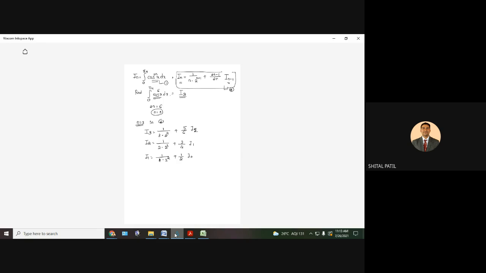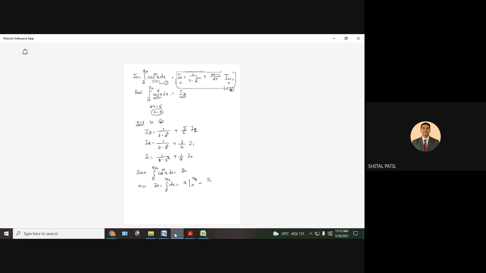Then since we have integration 0 to pi by 4 cos raised to 2n x dx equal to In, substitute n equal to 0. So I naught equal to 0 to pi by 4 cos raised to 0, so 1. So integration is dx. We know this.